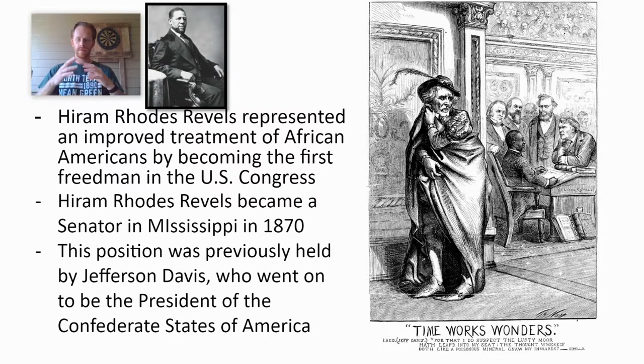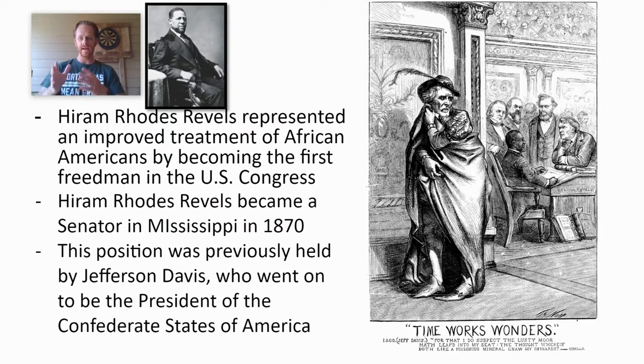Now, what makes this particular position so unique, and this is part of why we're talking about this, is that this Senate seat that Hiram Revels took used to belong to Jefferson Davis. You remember Jefferson Davis, the president of the Confederacy? Yeah, that guy.